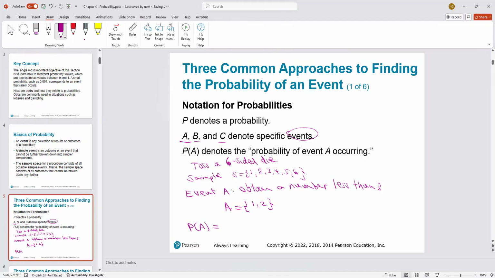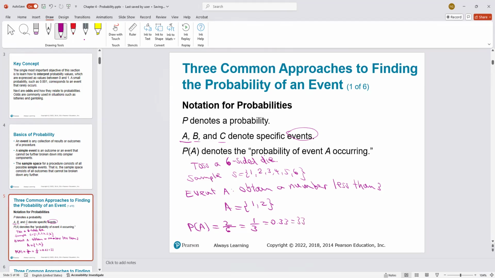That means it's like the relative frequency. Take the frequency of A, which is 2 elements, 1 and 2, over the total, which is 6. So it should be 1/3, which I believe is 0.33 repeating, or 33%.